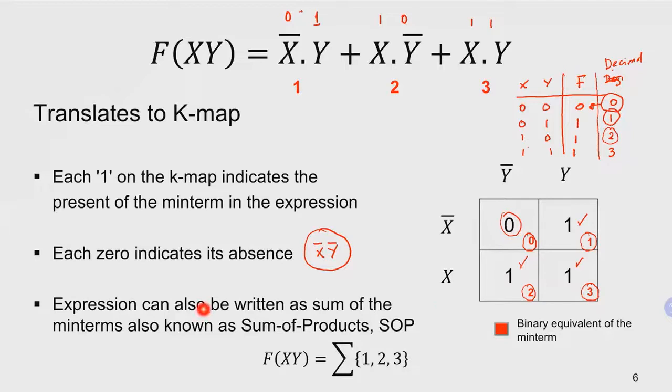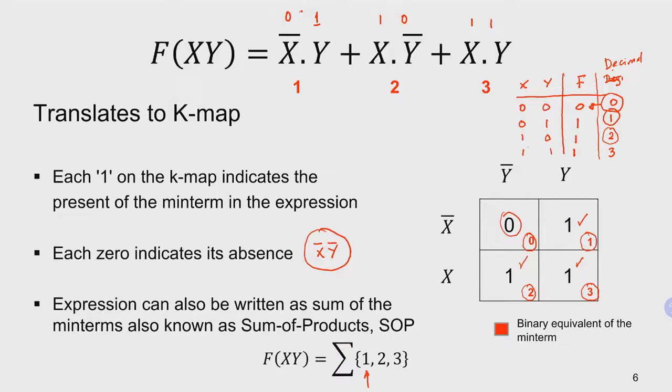Another way of expressing these functions using a mathematical term is a sum of products. So each of these is a minterm of our products.